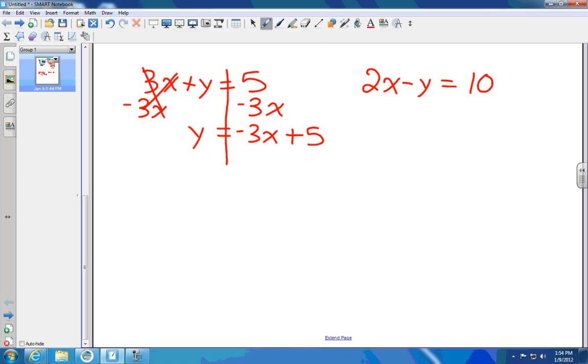That's the other way to remember how to write that. Negative 3x plus 5. That was step 1. So what do we do with that? Plug it into the other one. What did we solve for in this first step? Solve for y. So that's what we're going to plug in over here for the y.